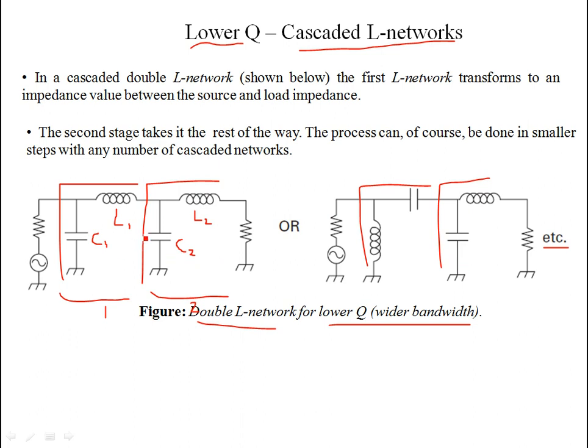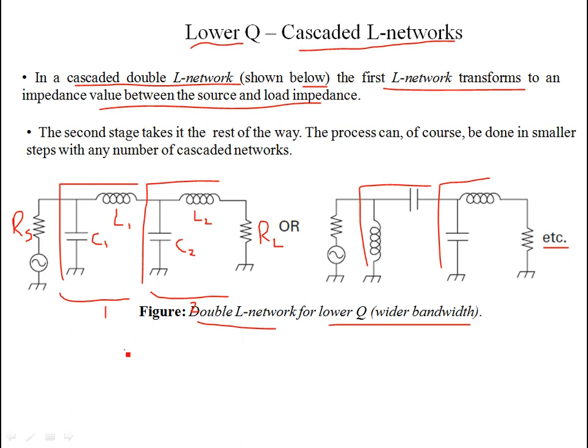So what happens is that unlike pi or T networks, in a cascaded double L network, which is shown below, the first L network transforms to an impedance value that is between the source and load impedance. We have the source impedance, which in most cases is different from the load impedance at a certain frequency.